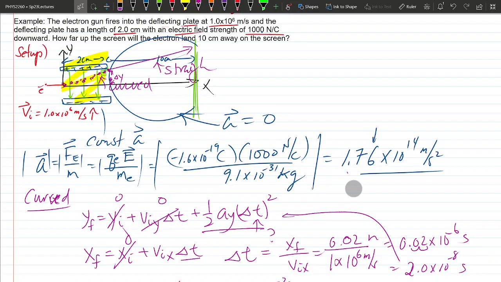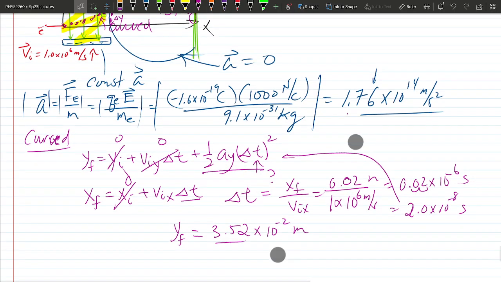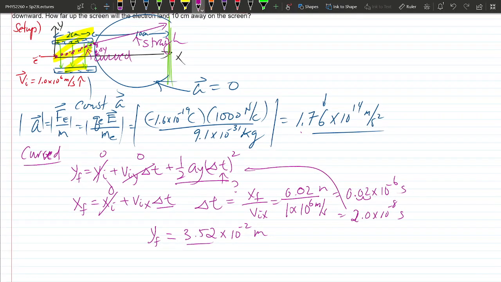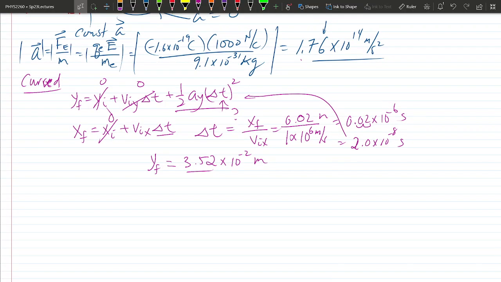But the problem is not done yet, because that just gets us to here. We have to figure out how far up it's going to go traveling across that 10 centimeter gap. So on the straight part, the acceleration is actually 0 there, because it's just moving in the little tube.